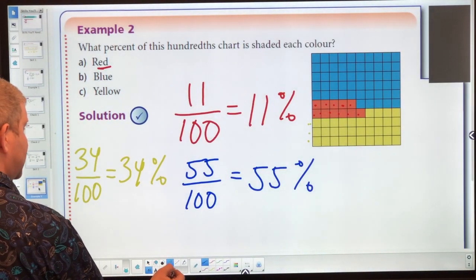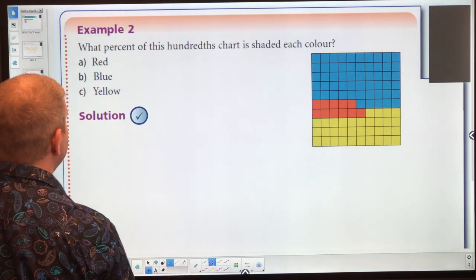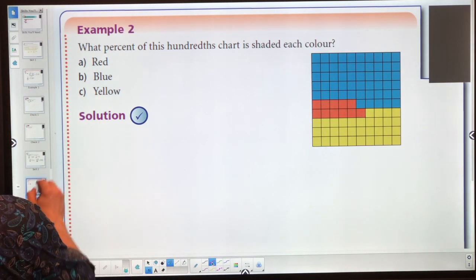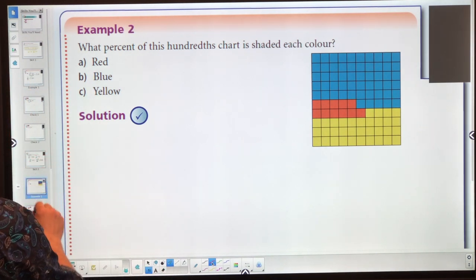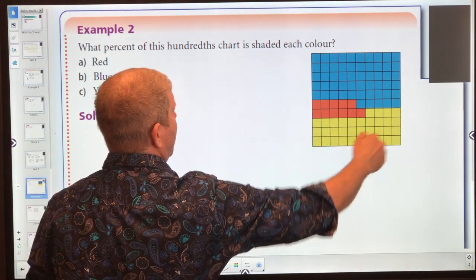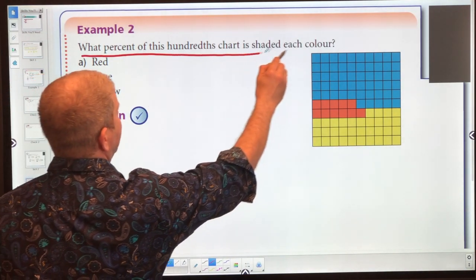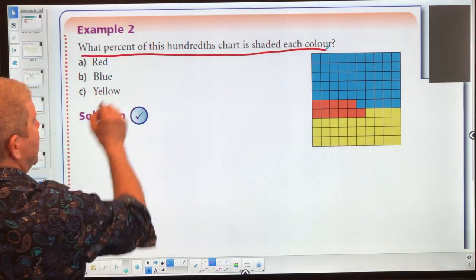I already did this example, so I'm going to have to erase it quickly. There we go. So here's our example number 2 for percent. We look at this shaded chart over here, and we want to figure out what percent of the hundreds chart is shaded each color. We're going to start with red, then blue, then yellow.